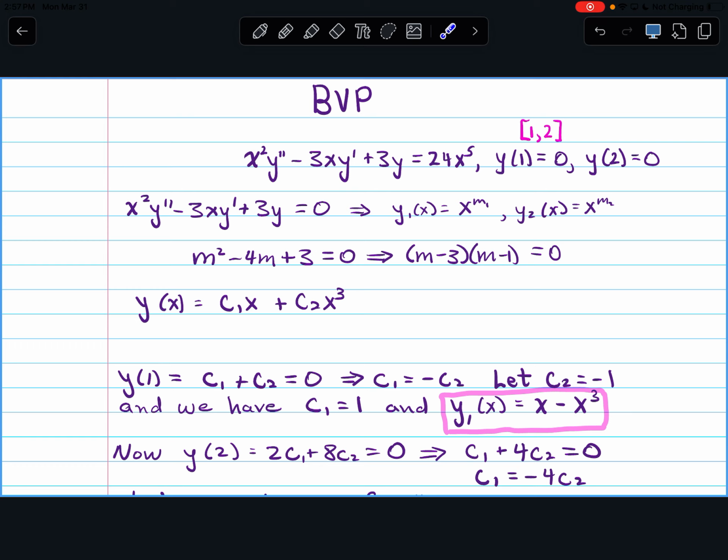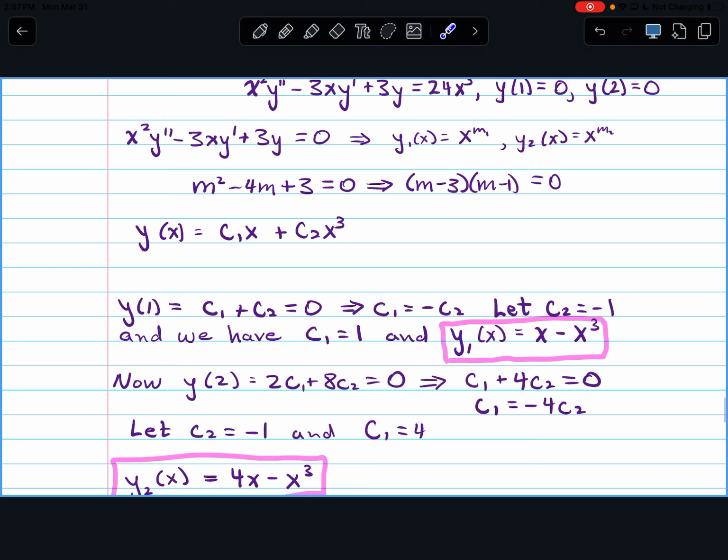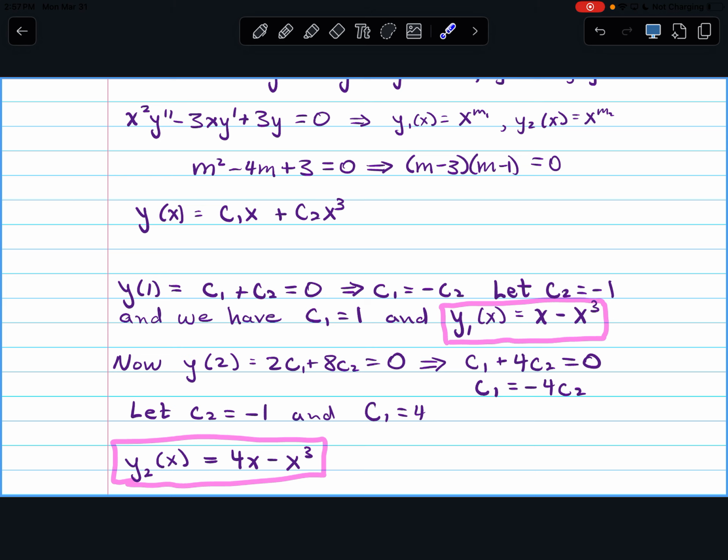Now I do the same thing. I put in a 2, and I get 2c1 plus 8c2 equals 0. And I get c1 equals negative 4c2. C2 is negative 1, so C1 is going to be 4.